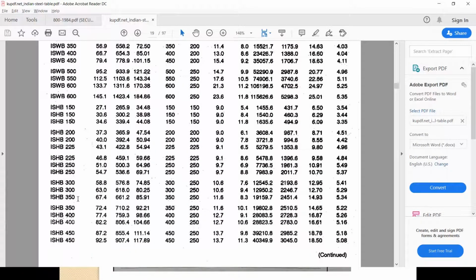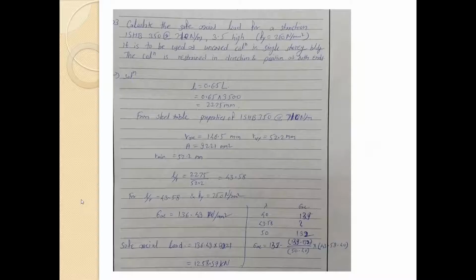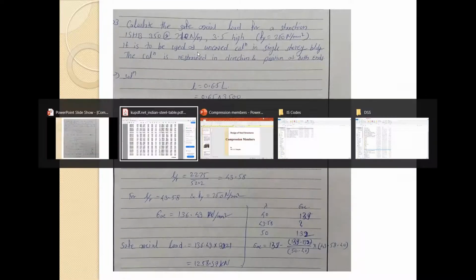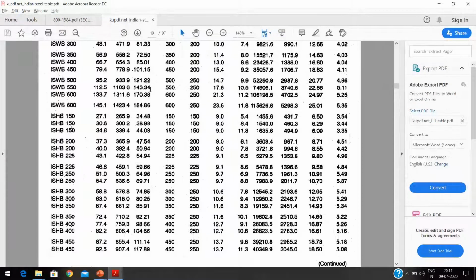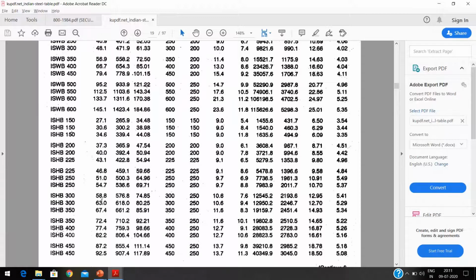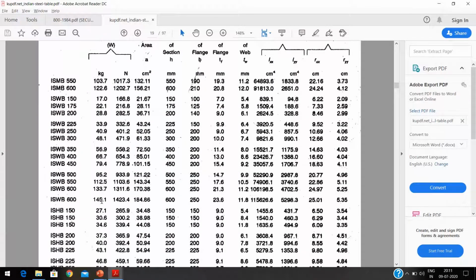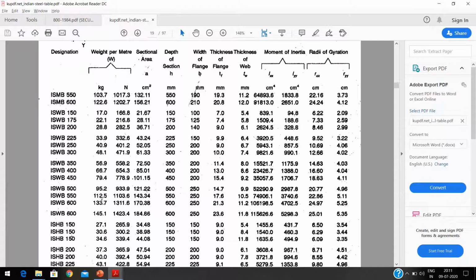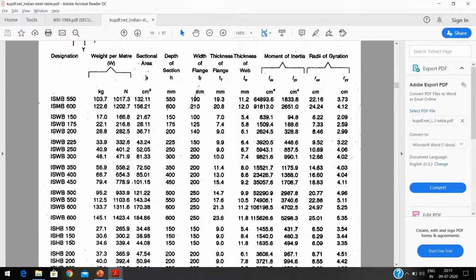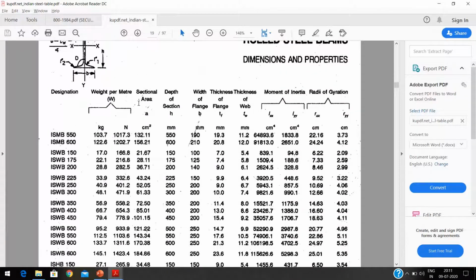Here there are two ISHB 350. The weight has been specified in our case, that is 710 Newton per meter. Because they have different sectional areas, the weight is different. The reason for the different sectional area is that the width of the flange and the thickness are different. So we'll take the latter case.